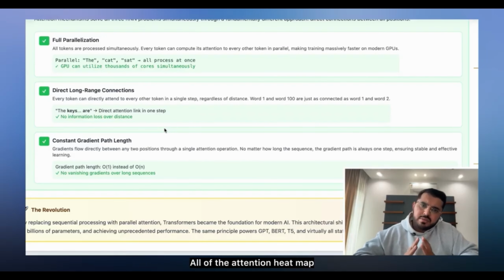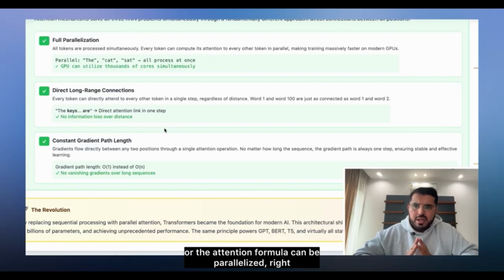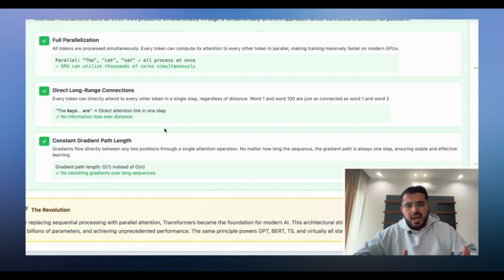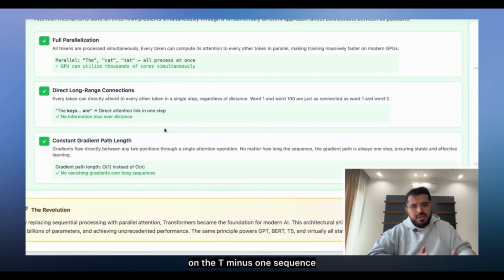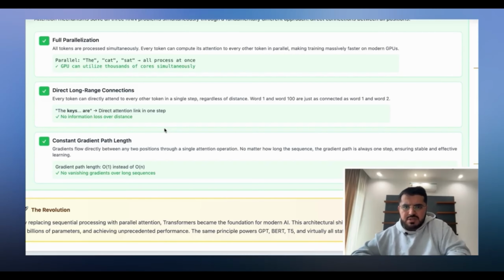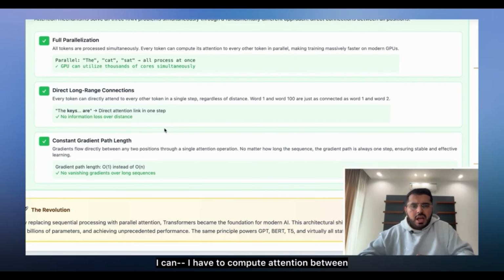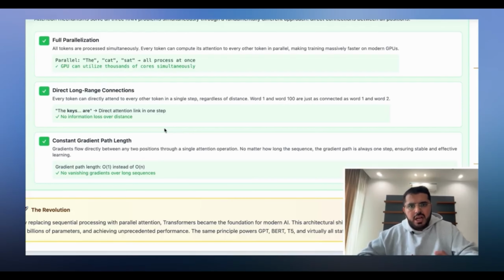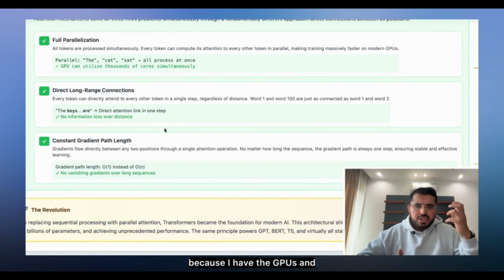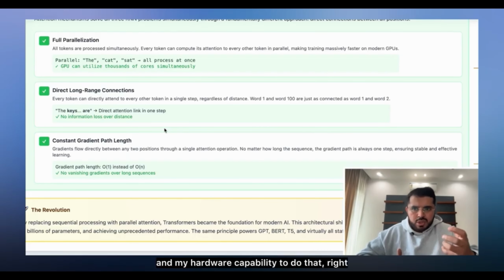All of the attention formula can be parallelized, right? I am not depending on the t-1 sequence or t-2 sequence. There is no dependency. I have to compute attention between every pair of tokens, right? I can parallelize that particular mathematical operation because I have the GPUs and the hardware capability to do that, right?